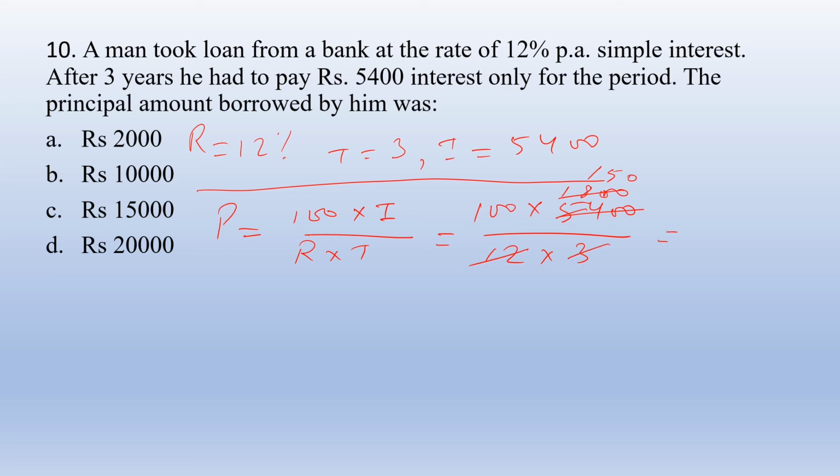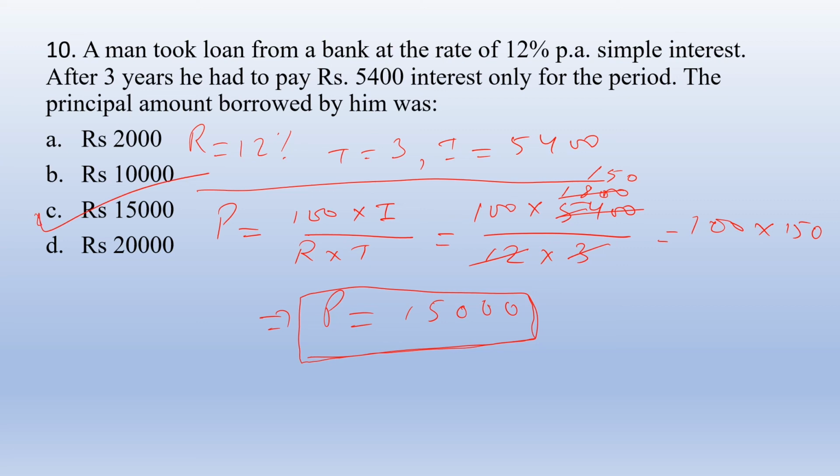So 100 multiplied by 150, from here it follows principal is equal to 15,000. So the principal which he borrowed is 15,000. The correct option here is option C, 15,000.